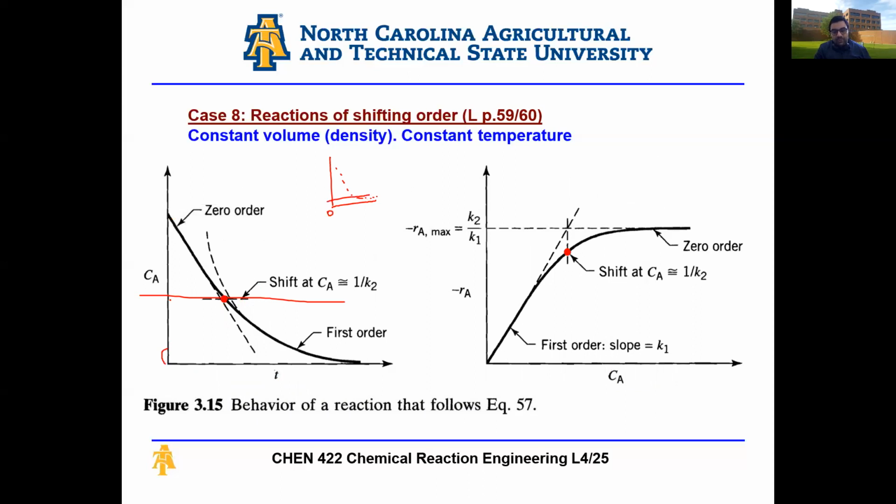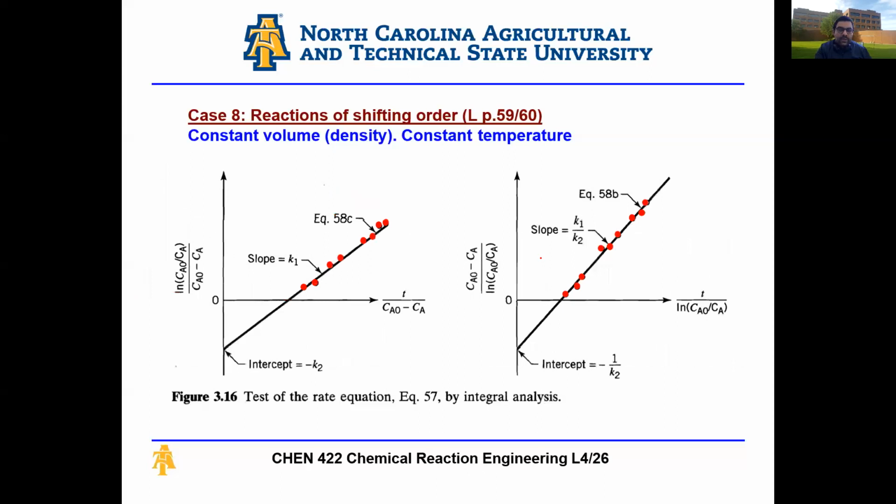But for a shifting order, you can see a clear shift of order halfway through. Similarly, if you're plotting your reaction rate versus your concentration, you can clearly see a shift of the reaction order here as well. Okay, and there are other ways. If you don't want to plot CA versus time, you can always plot your ln to get a straight line to make your analysis easier.